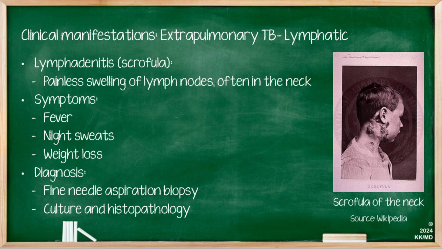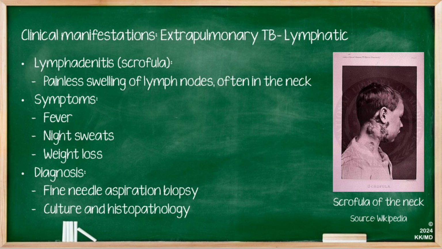The clinical manifestation for extrapulmonary TB obviously depends on the site that gets affected. However, generally, the big red flags for MRCP are evidence of lymphadenitis, which is known as scrofula. Here you can see a picture of a young child with scrofula of the neck.